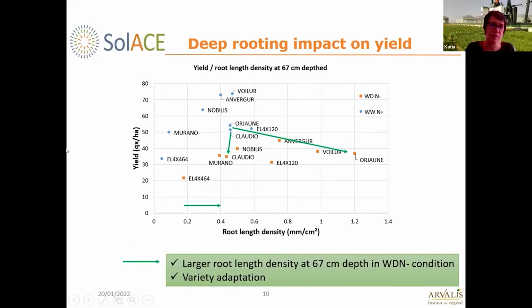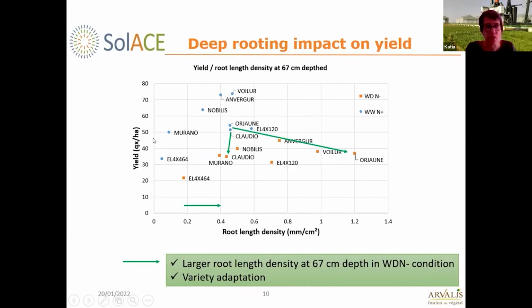So here you have the yield, and here is the root length density at 67 centimeters, because of the windows, so it's about 70 centimeters depth. At this level we can see the well-watered condition in the blue points, and in orange the water deficit condition.